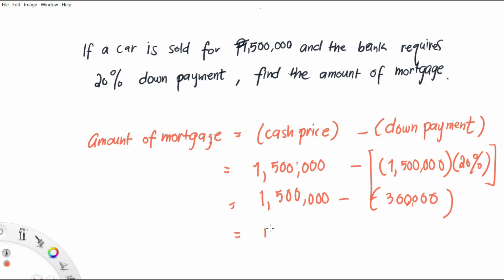So we have 1,200,000 as the amount of mortgage.